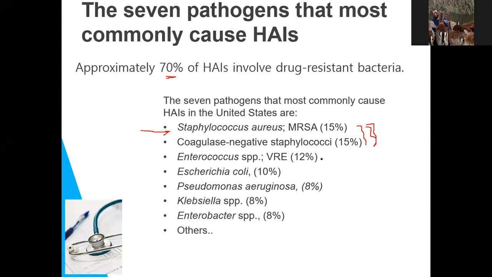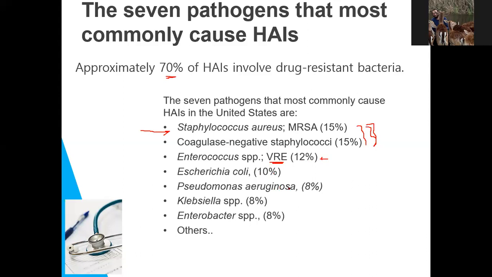Then in third rank we have Enterococcus species, specifically vancomycin resistant enterococci, and this is a highly resistant or multi-drug resistant strain of enterococci, and this is of course a GI infection. Escherichia coli represents 10%.